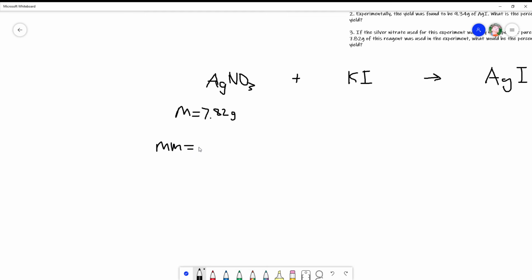So the molar mass of silver nitrate can be calculated by taking the molar mass of silver, which is 107.9 grams per mole, plus the molar mass of nitrogen, which is 14 grams per mole, and then plus the molar mass of oxygen times 3, which is 3 times 16 grams per mole.